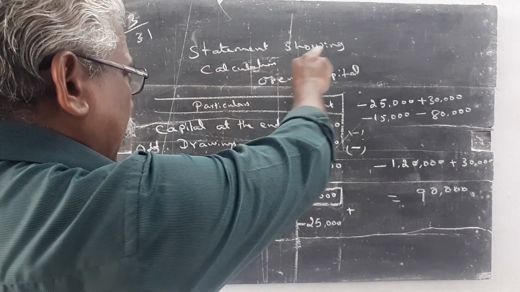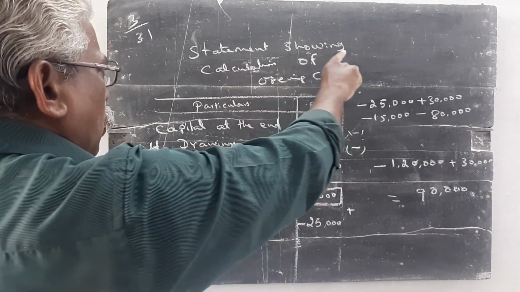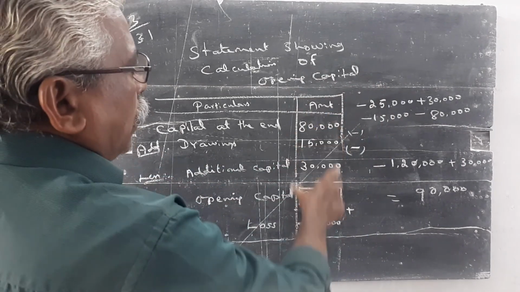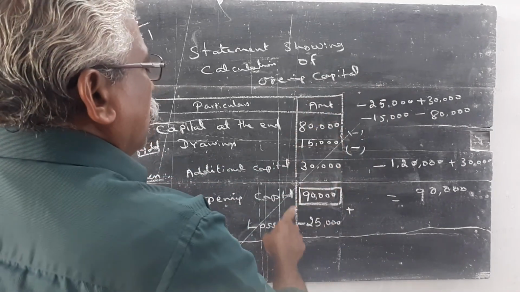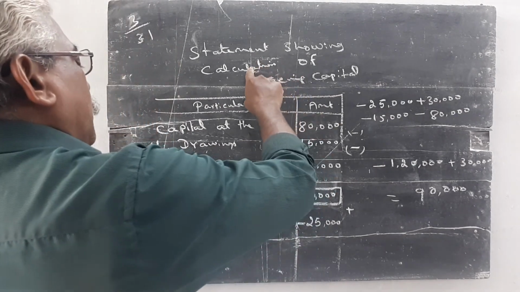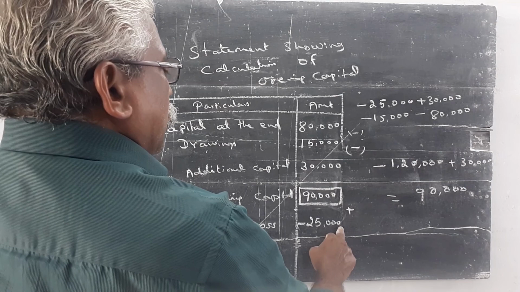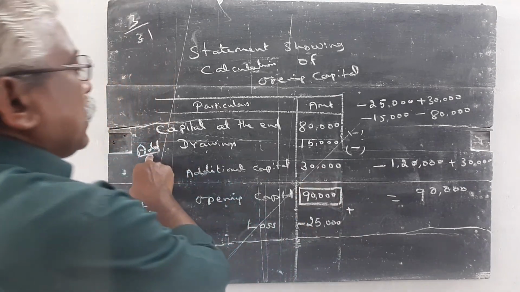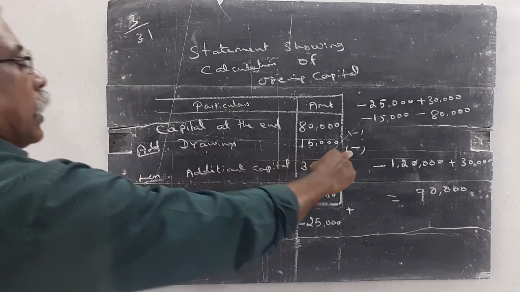So here we write the heading, statement showing calculation of opening capital. Fill up all the amounts one by one. Then we have to go from bottom to top. Minus 25,000 plus 30,000. Here the word add is given, so we have to subtract.